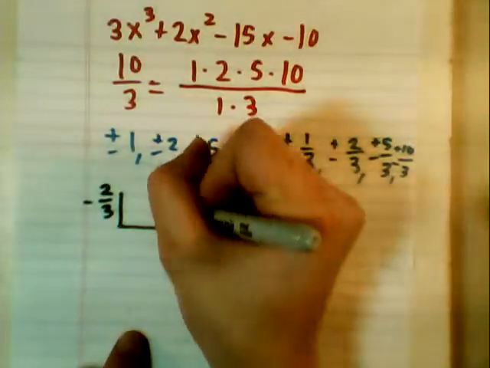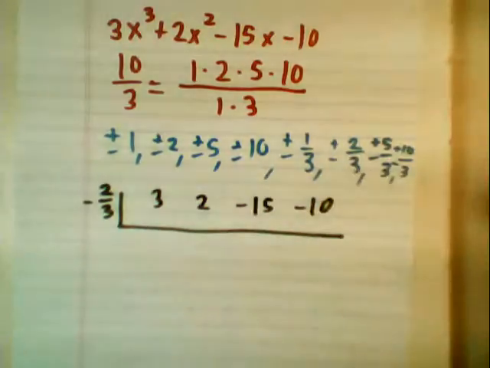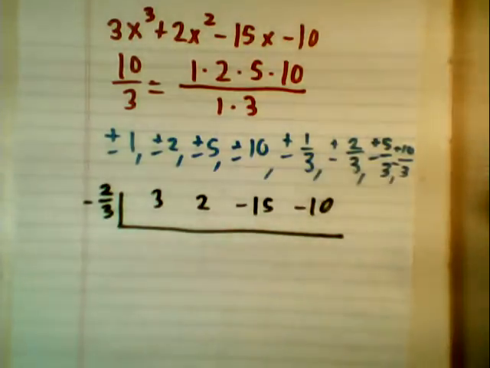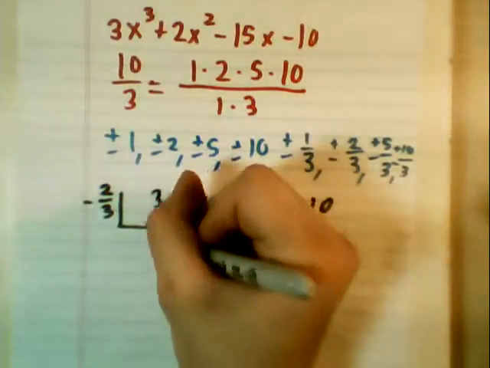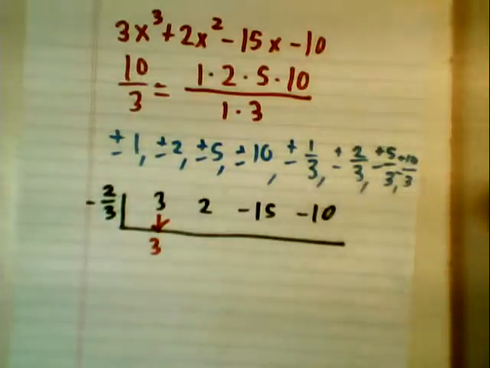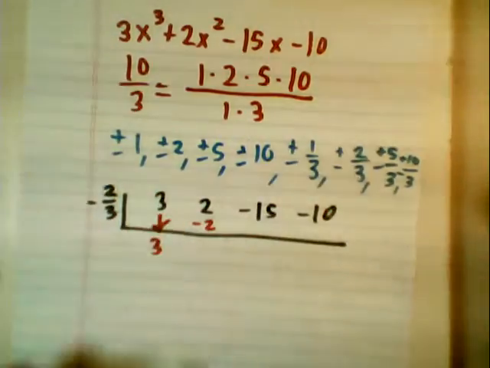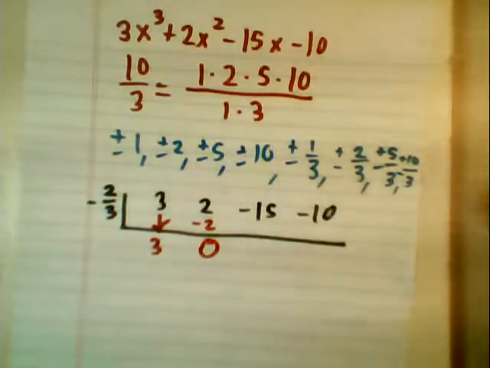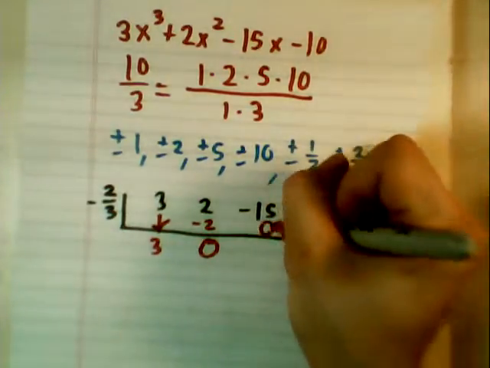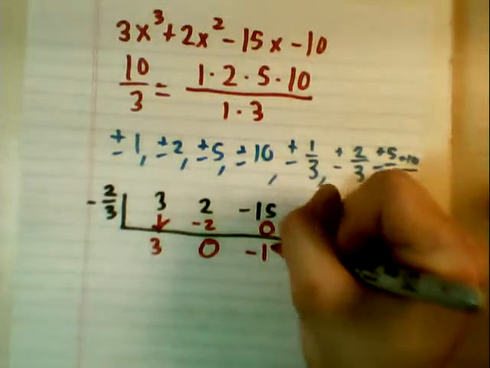So we put a 3, a 2, a negative 15, and a negative 10. First we pull down our 3. Negative 2/3 times 3, the 3's will cancel and we're left with negative 2. 2 plus negative 2, 0. Negative 2/3 times 0 is 0. Negative 15 plus 0, negative 15.